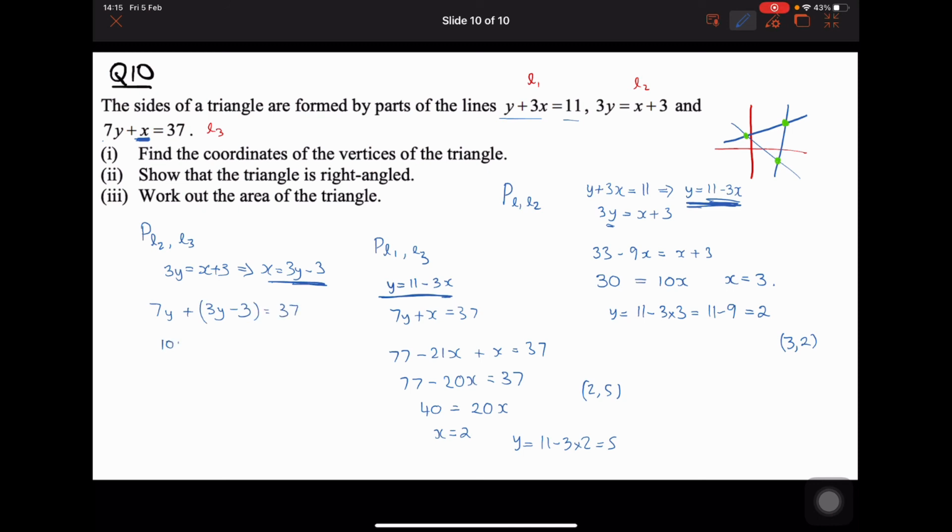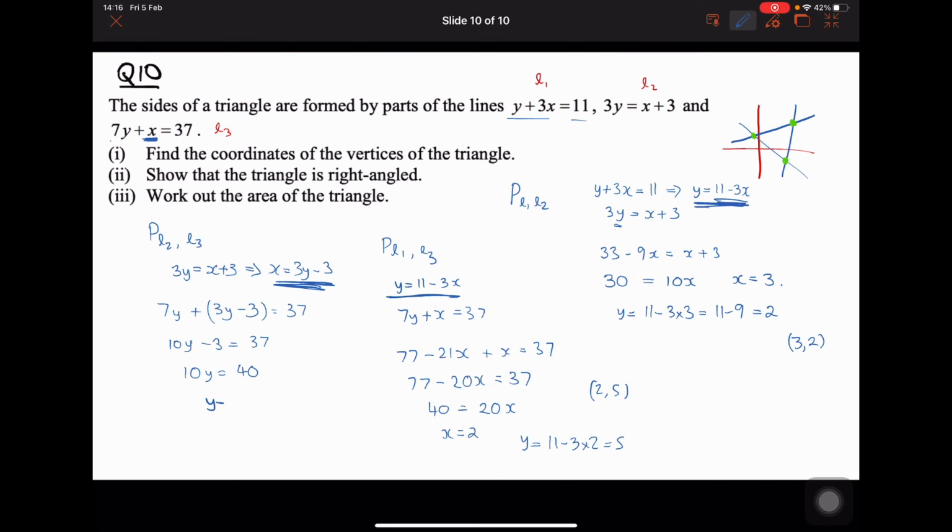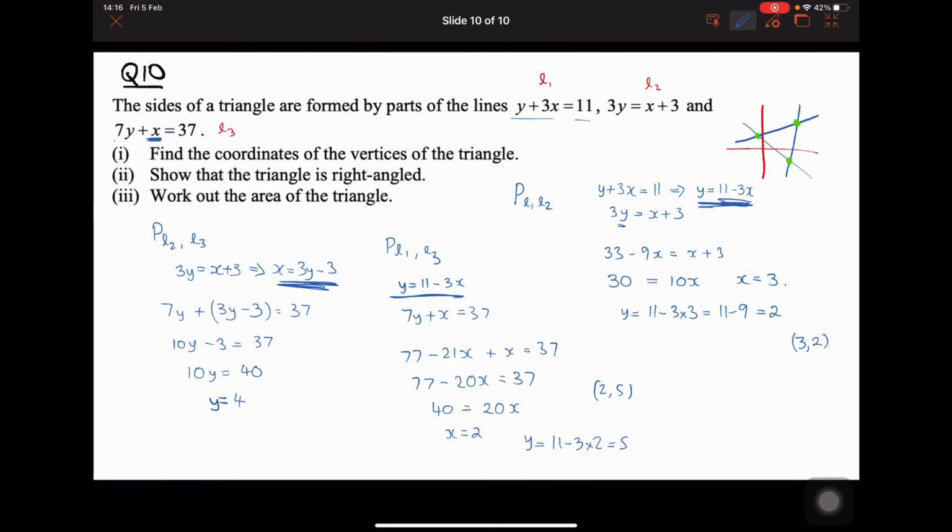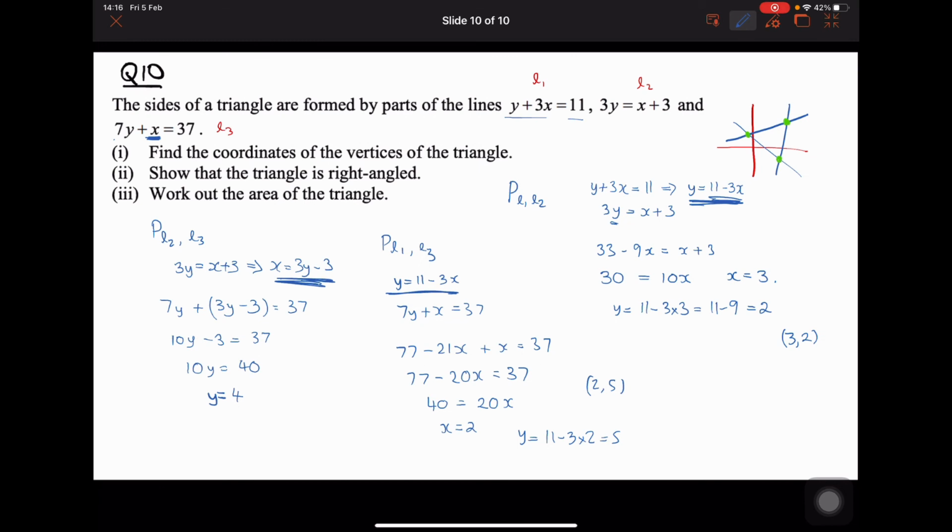So we have 10y take away 3 equals 37. 10y equals 40. So y equals 4. And now we're going to substitute y equals 4 into this equation here to work out the x value. x equals 3 multiplied by 4 take away 3. 12 take away 3 equals 9. So write 9, 4.